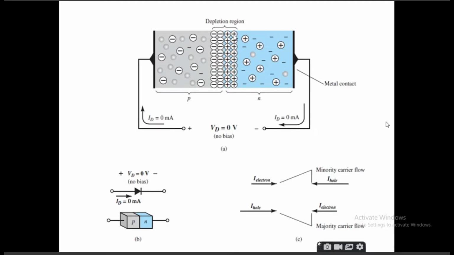If there is a potential barrier, then in the absence of any externally applied voltage, that is, the no bias condition written here, none of the majority charges can cross the junction in the presence of this potential barrier that exists due to the immobile ions present at the junction.